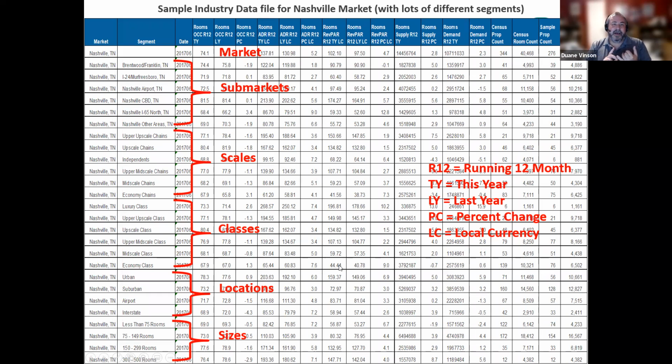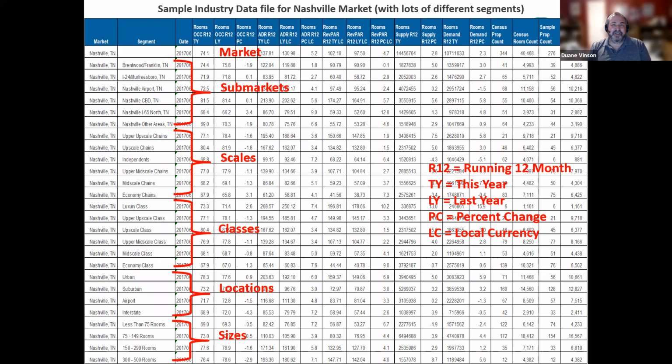The occupancy, the ADR, the RevPAR, and the room revenue, we're also giving to you in both US dollars and the local currency. We give that to you in US dollars as a second currency for comparison. So if you're doing your market study on Hong Kong, you will have data there in Hong Kong dollars.